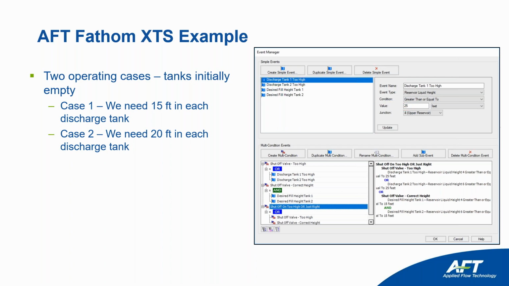However, let's say that my desired tank height here is 15 feet. So what I could do is tell that valve to shut off if the liquid height in either discharge tank is too high and about to spill over. That's one reason why I'd want my valve to close. Another reason is if both tanks got to be the same or the required liquid height. So I've got OR logic, and then I have AND logic right here.